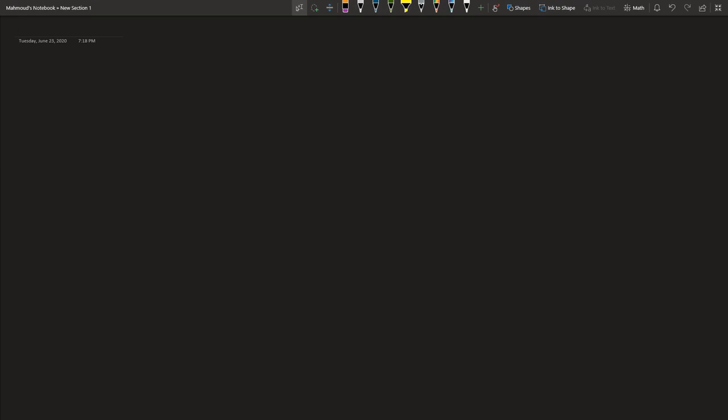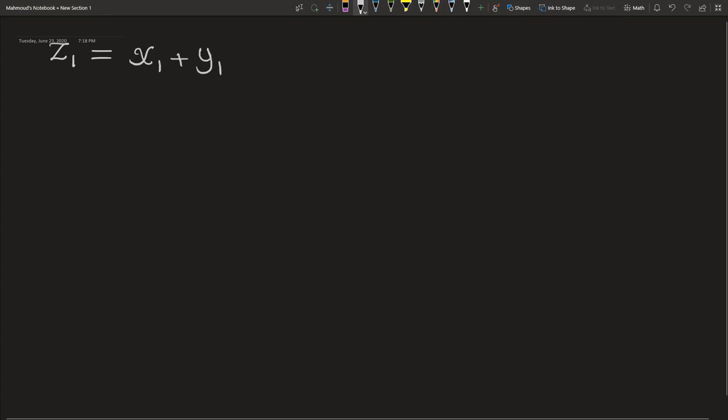Moreover, as I promised, complex numbers have very similar arithmetic operations as real numbers. For instance, let us say that we have two complex numbers, z1 equal to x1 plus y1 times j, and z2, which is equal to x2 plus y2 times j.